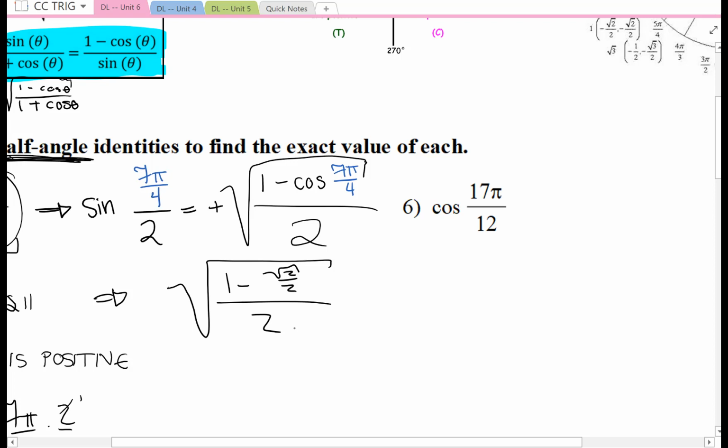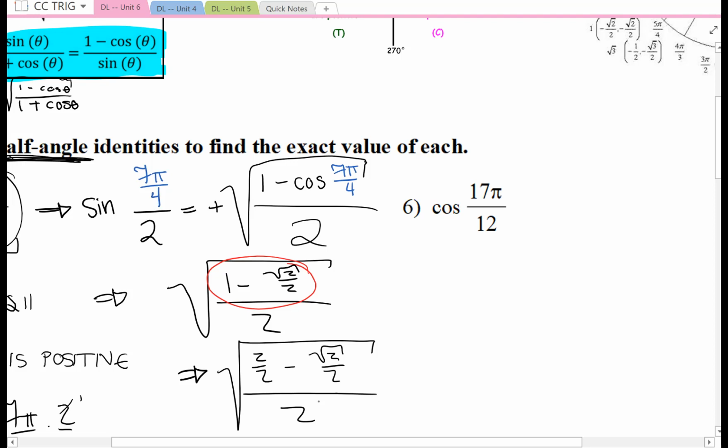Everything after this is algebra. It's just algebra, but it is somewhat annoying algebra when we have radicals and fractions and combinations of those. So the first step is to combine the two pieces that are in the numerator. Square root, I'm going to write 1 as 2 over 2. 2 over 2 minus root 2 over 2, all divided by 2.